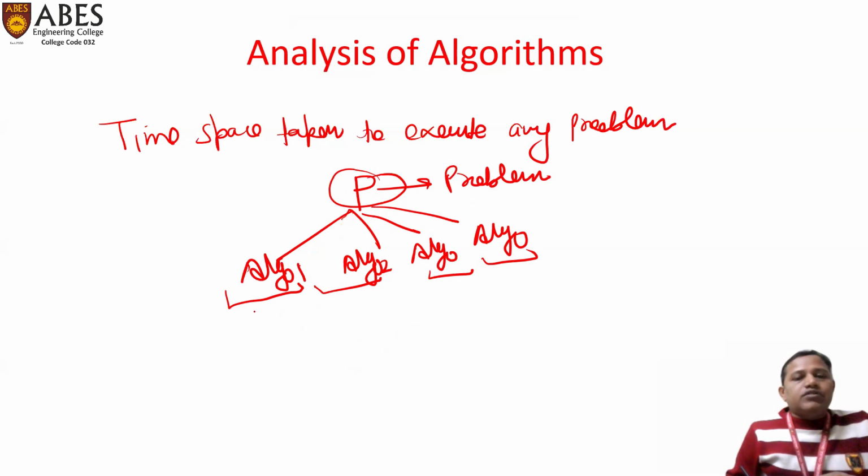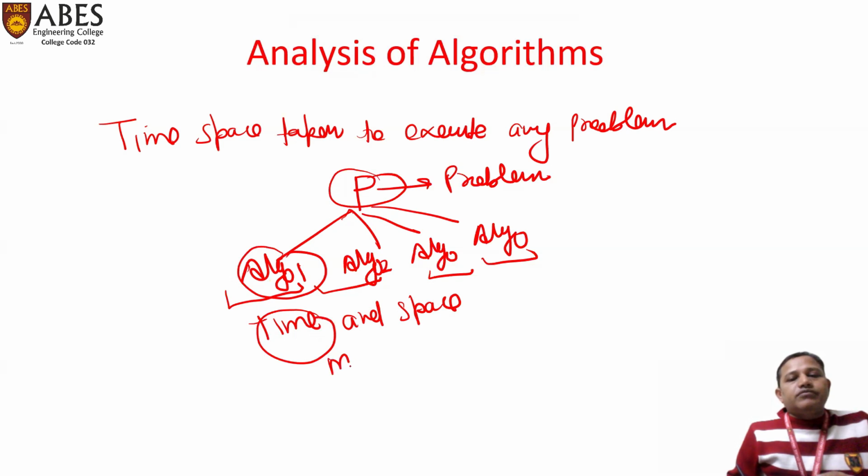Basically this is evaluated in terms of time and space. Means if an algorithm takes minimum time to execute and minimum space to store, then we say that this algorithm is best.